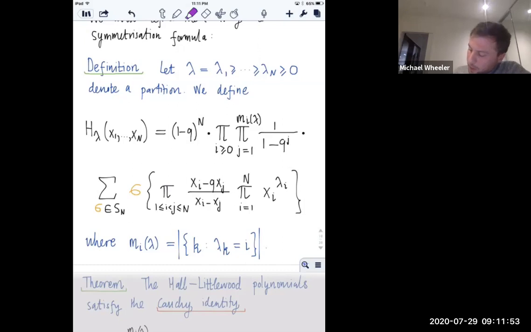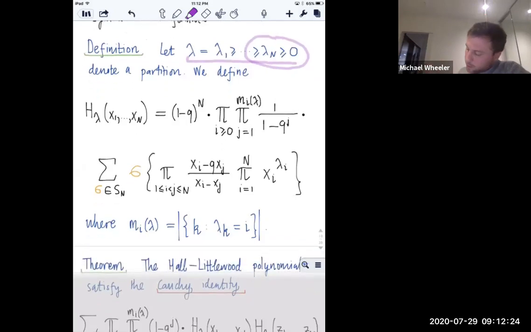They're indexed by a partition lambda, and conventionally, we're going to take the partition to have a definite length n, which is fixed once and for all. We're going to allow ourselves to have parts of size 0. So the tail end of this partition, as many of those parts as you want, can be equal to 0.